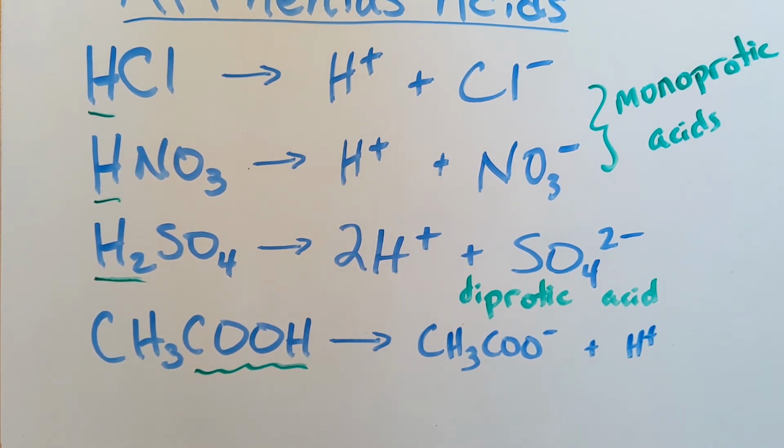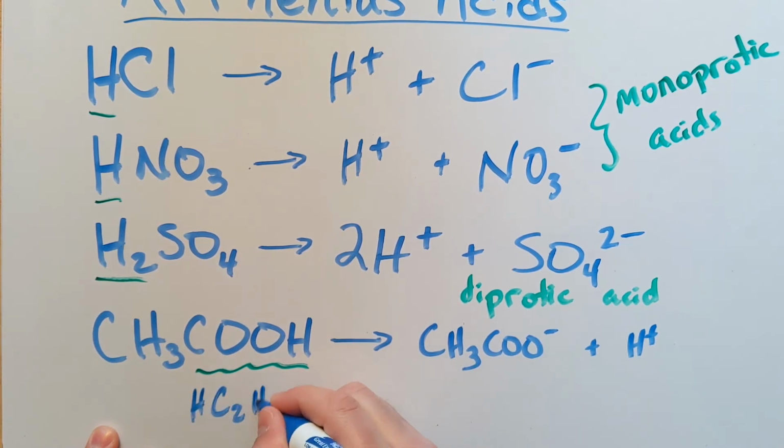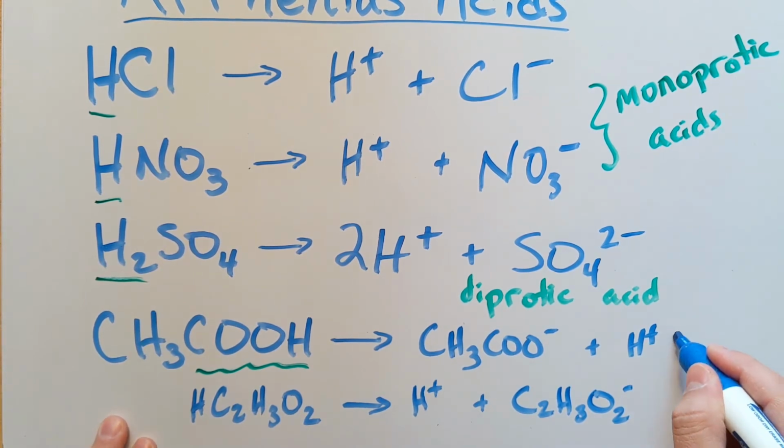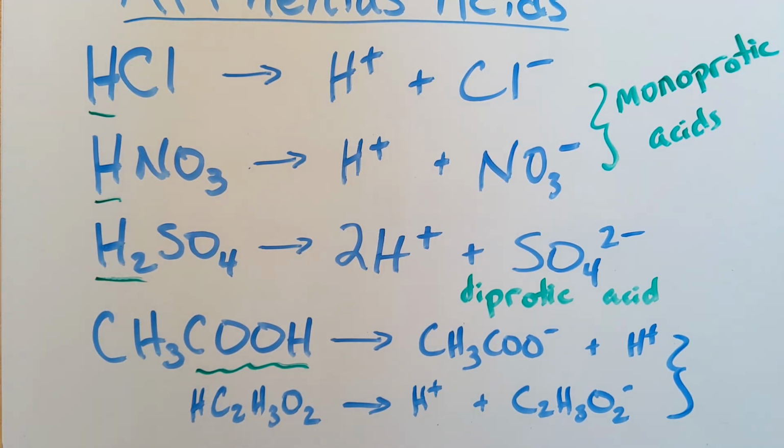As a first-year chemistry student, we will often see this in the other form, which would be written as HC2H3O2, acetic acid. And in this case, again, it's only that first ion, and then this entire polyatomic ion, the acetate, would be the other one. These 2 are the same thing, 2 forms of the same compound. It just depends if we're looking at it from an acid-base standpoint or if we're in the organic unit. So this is a look at acids.